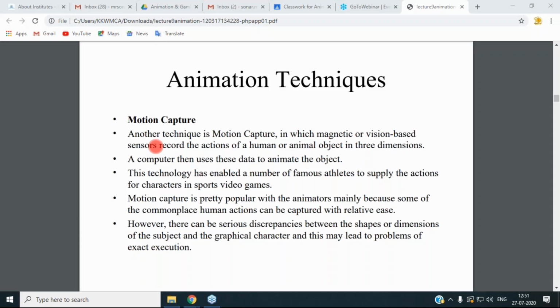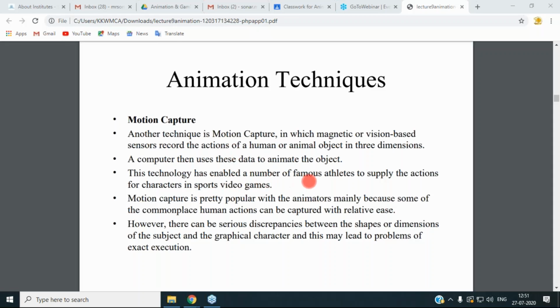So there will be various sensors attached to a human or an animal or any other object, and they capture those actions, and generally it is in 3 dimensions. A computer then uses this data to animate the object. So this particular movement data is given to the computer to animate that particular object.